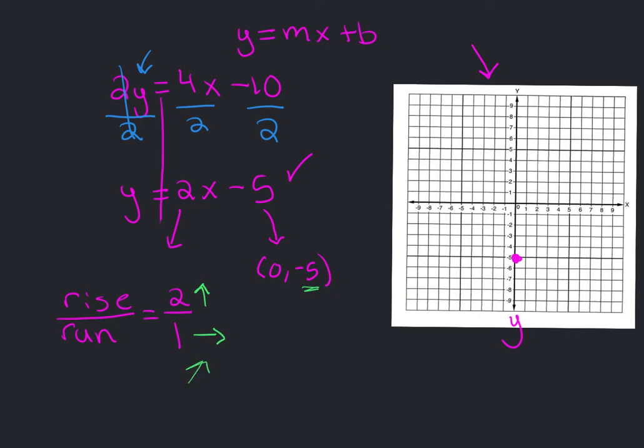So up 2, right 1, plot a point. Up 2, right 1, plot a point. And you continue that pattern both ways, and then we're going to connect our dots. So you want to get it in the correct form and then graph it.